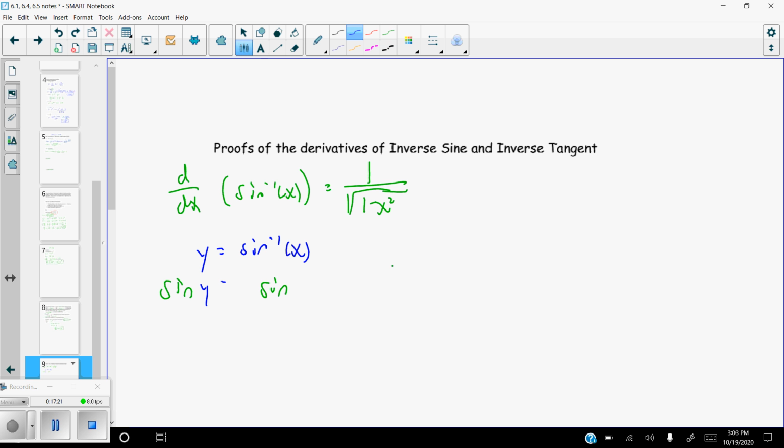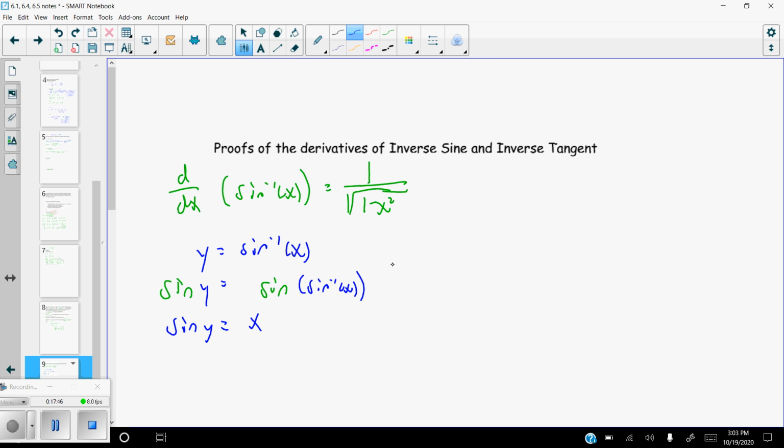So we'll take the sine of y, which is going to equal the sine of the inverse sine of x. When I take the sine of both sides, that's just going to give me sine of y. And on the right side, the sine of the inverse sine simplifies to x because they are composites and they are inverses of each other.